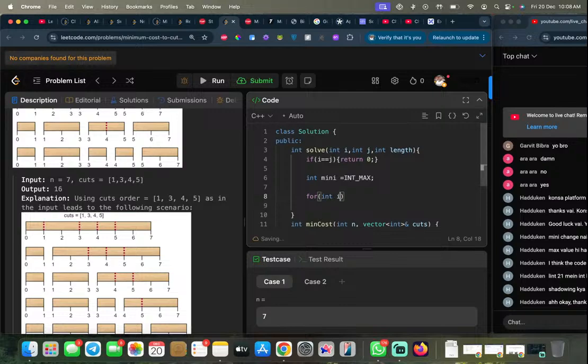For int k equals i, k smaller than j, k plus plus.